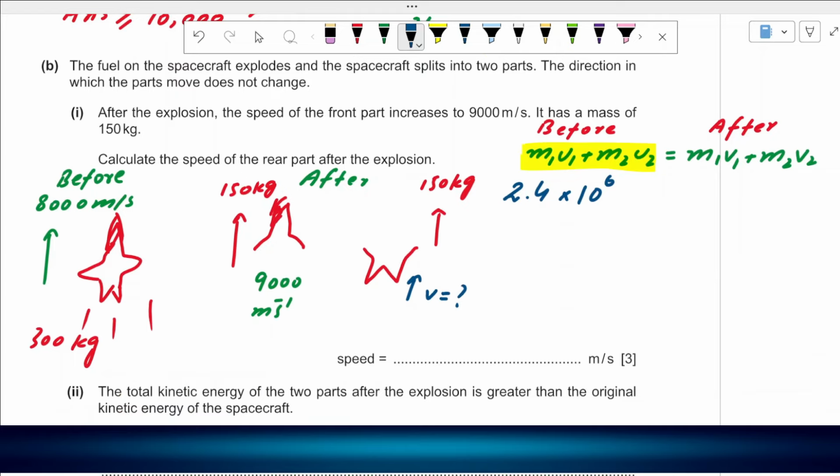So technically, before the explosion, the expression was simply m into v, because there was just a single mass that was just moving with a single speed. So it would be even better that you improvise the expression. I'm not saying it's a new expression, it's the same expression, but you improvise it with something like this.